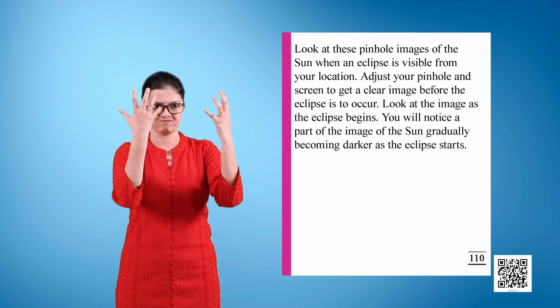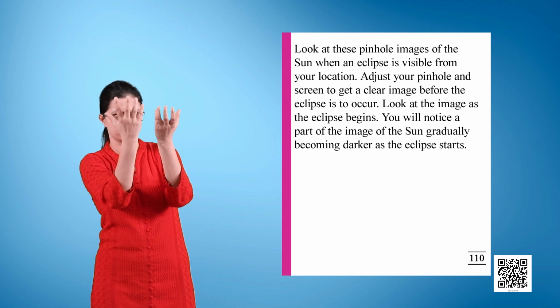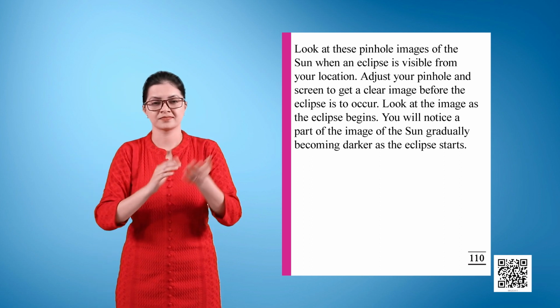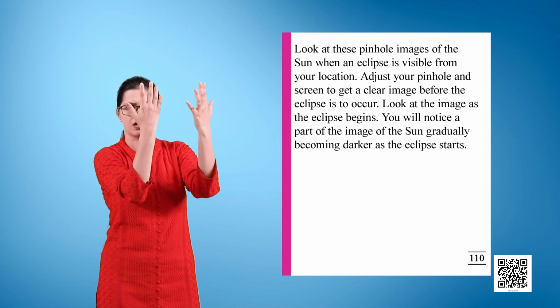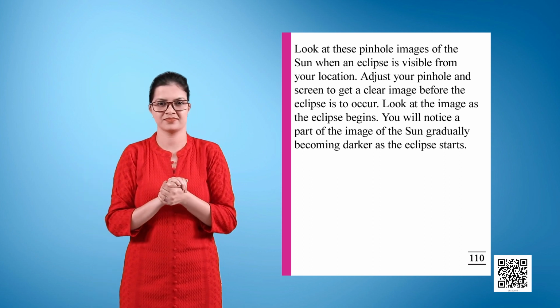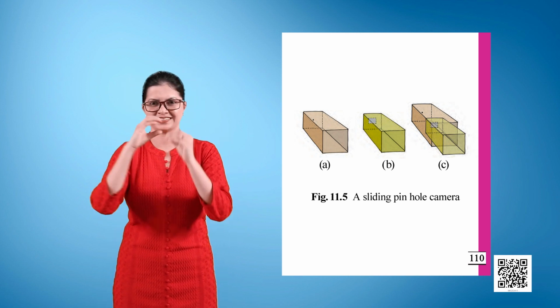Look at the image as the eclipse begins. You will notice a part of the image of the sun gradually becoming darker as the eclipse starts. Figure 11.5 ABC.